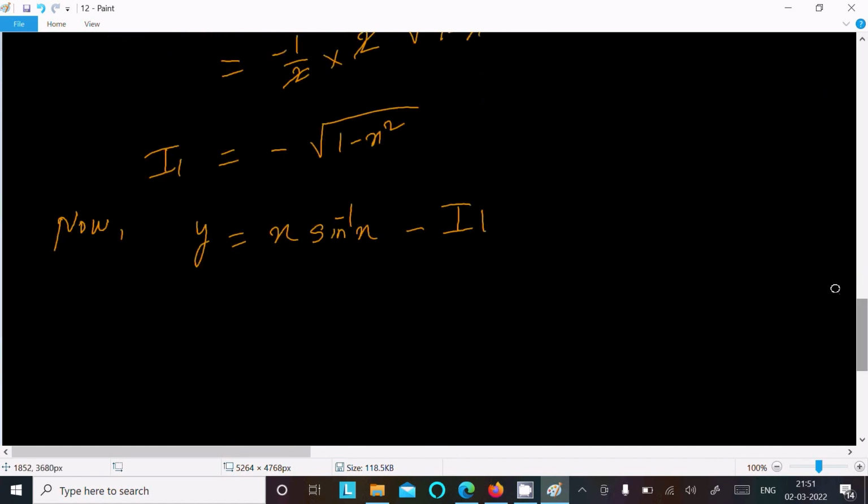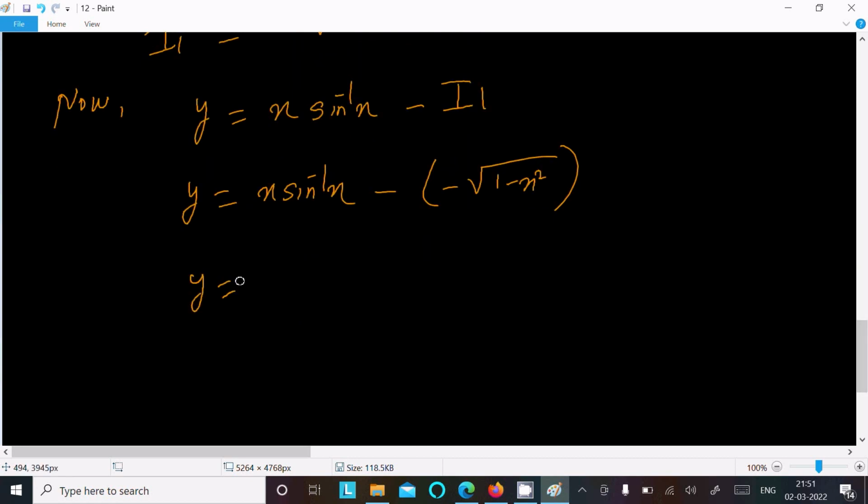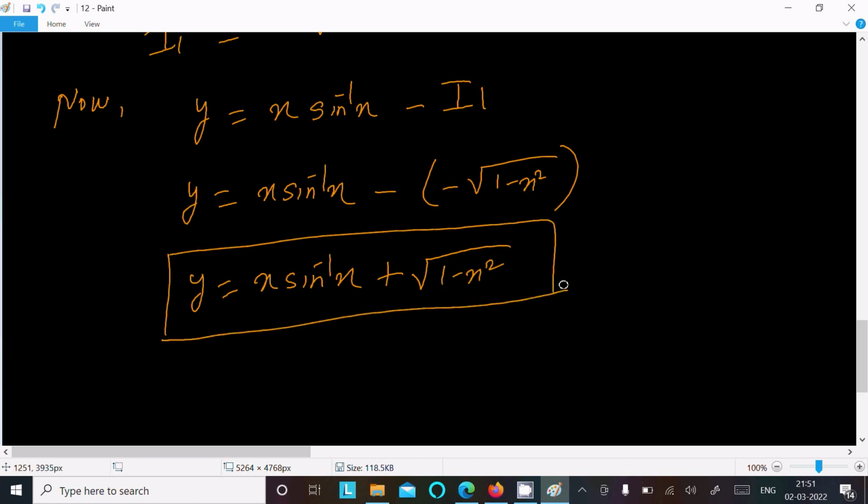Now put the value of I1: y equal to x sine inverse x, I1 value is now minus root 1 minus x square, and after that y equal to x sine inverse x, this is minus minus plus root 1 minus x square. So this is the general solution of this equation.